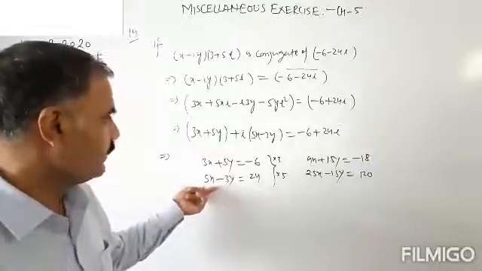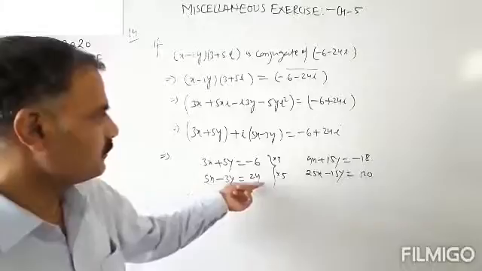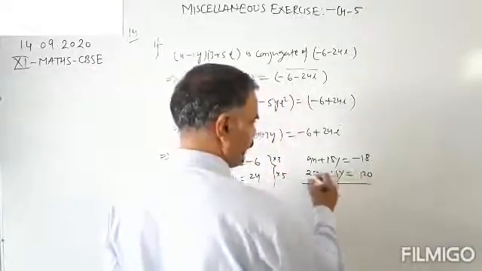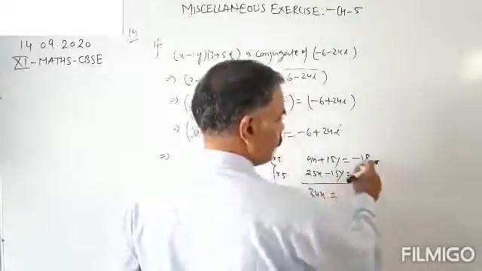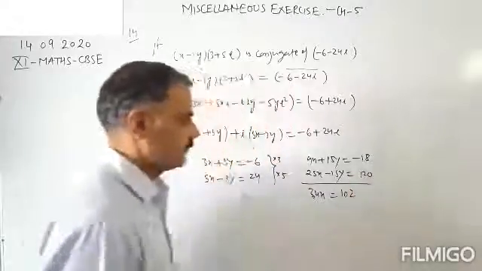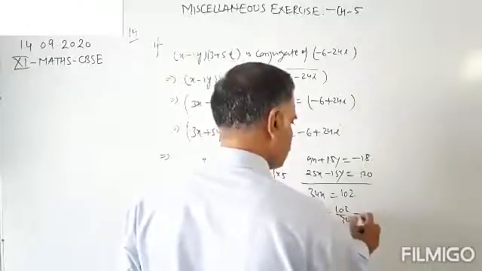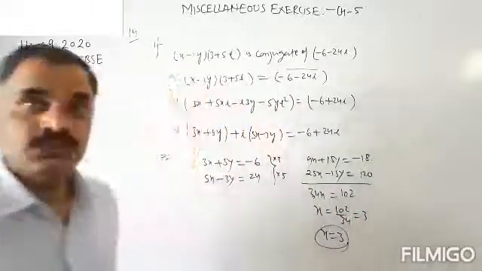Multiplying the second by 5 gives 25x minus 15y equals 120. So adding these, the y terms cancel, and 34x is equal to 102. So x equals 102 upon 34 equals 3. So x is equal to 3.